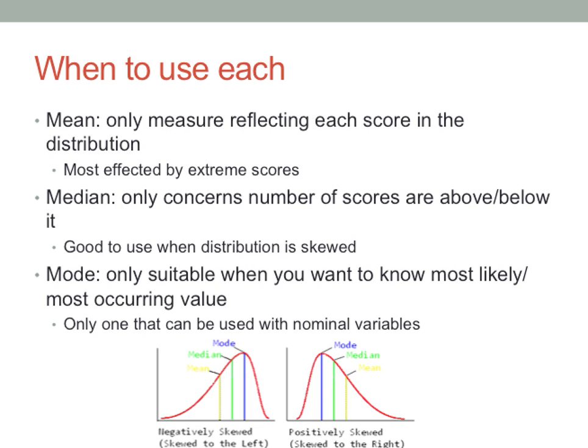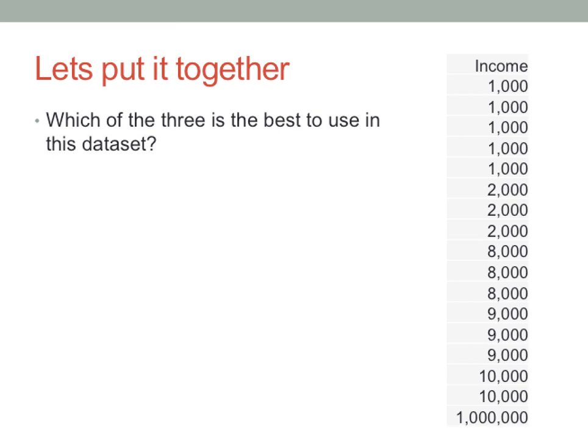So if your distribution is skewed, or you have extreme scores and extreme outliers, the median might be a good thing to use. So if we look back here at this distribution, we have our mean of 63,000 and our median of 8,000.